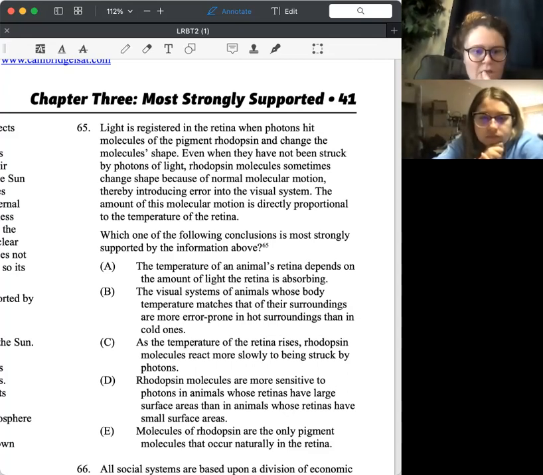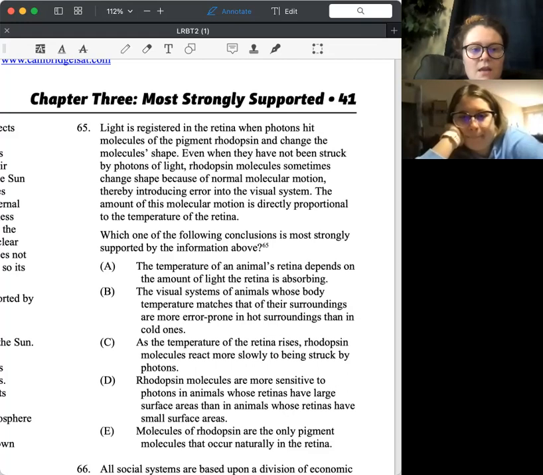Okay. So which of the following is most strongly supported by the information above? All right, go ahead and start with A and tell me if you like it, leave it, or hate it. And I'm already thinking, I should tell you what I'm thinking on this last sentence. Our molecules sometimes can change shape because of normal molecular motion.